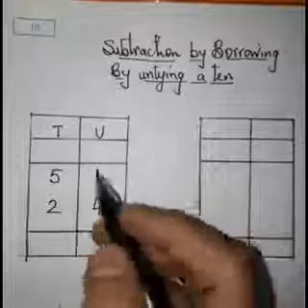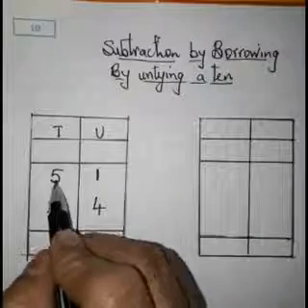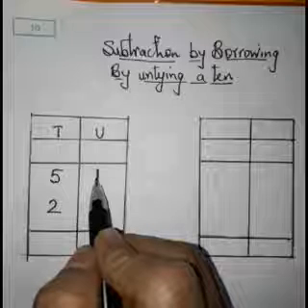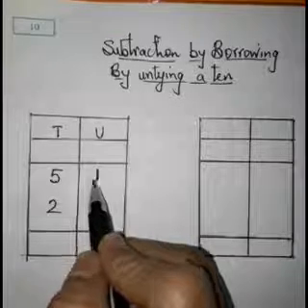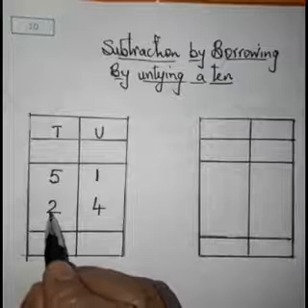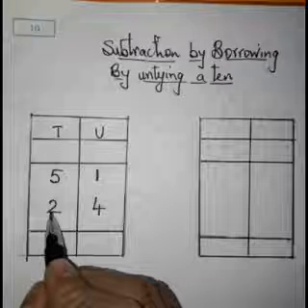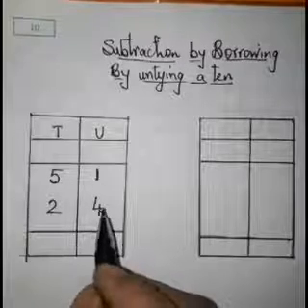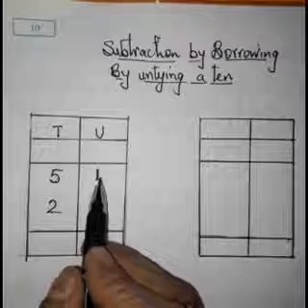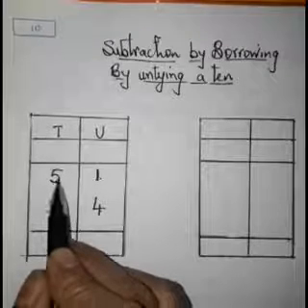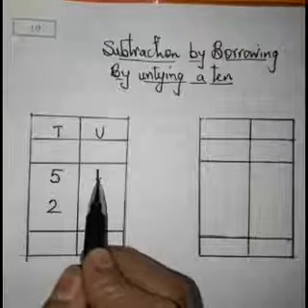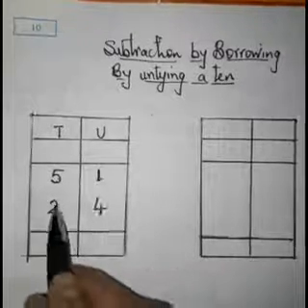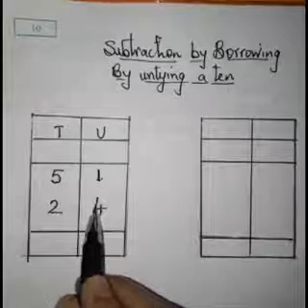Okay, 51 means 5 10 rupees notes and 1 rupee coin, and I have to pay the shopkeeper 24 rupees. Again I repeat, I have 51 rupees, 5 10 rupees notes and 1 rupee coin. I have to pay a shopkeeper rupees 24.